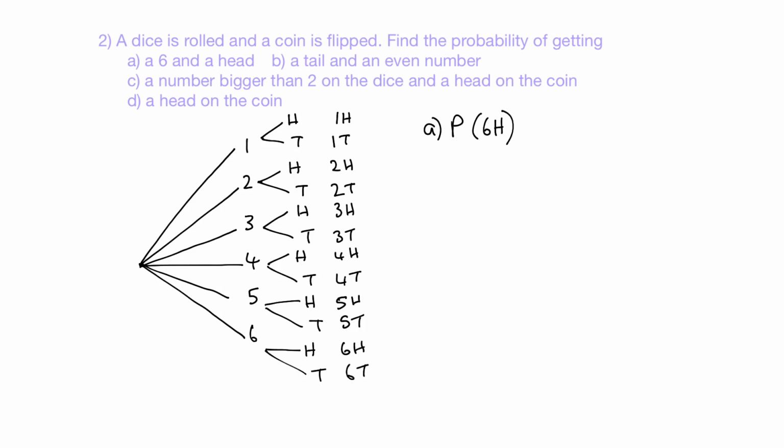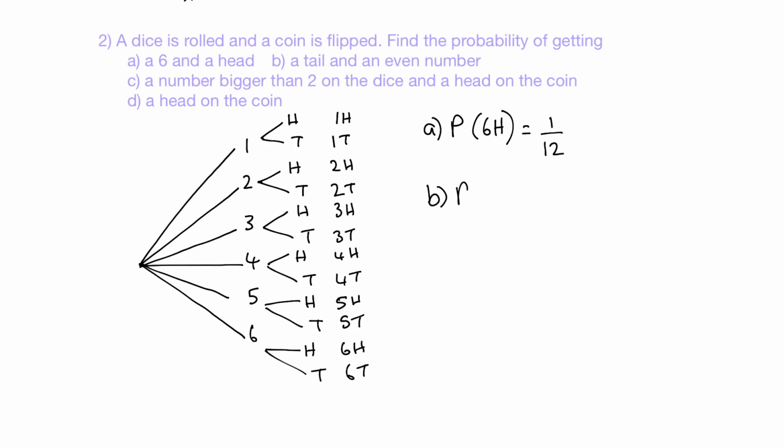If we count all those up, there are 12 different possibilities. So the number that goes on the bottom of our fraction, the total number of possible outcomes, is 12. And only one of them is 6 and a head. So it is 1/12 for part A.